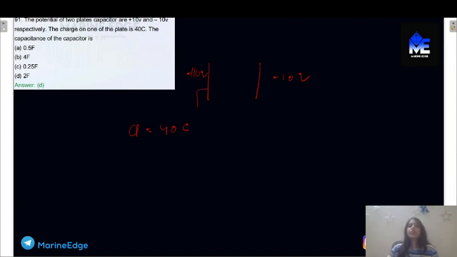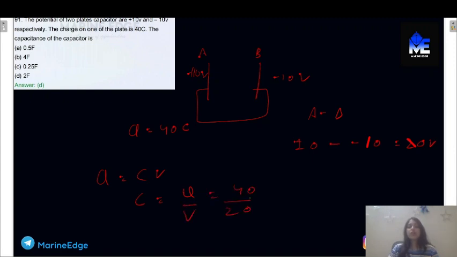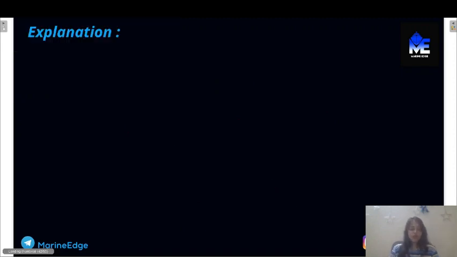From here to here, the voltage difference will be plate A minus plate B. That is 10 minus minus 10, which gives us 20 volts. Correct? That is the voltage difference between the two plates. Now, we know that Q is equal to CV. So to calculate C, that is equal to Q upon V, that is 40 upon 20. That gives us 2 Farad. Correct? Moving on.